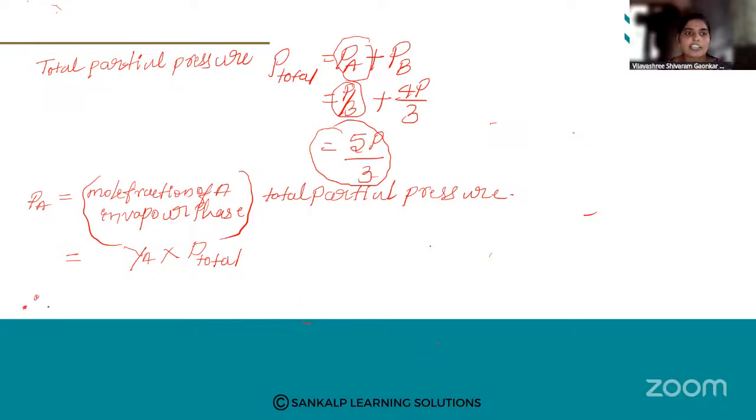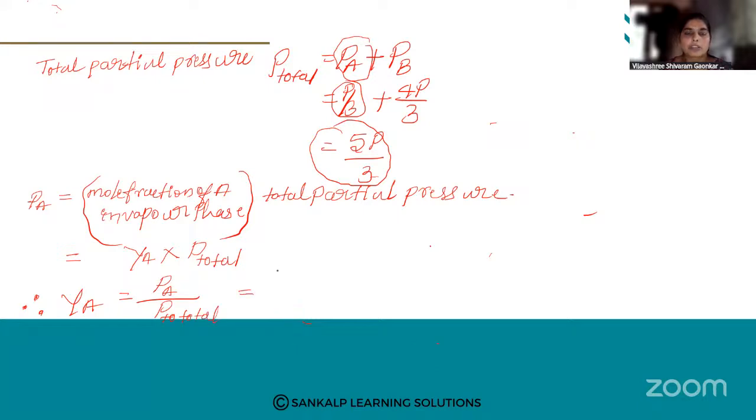Therefore, just rearrange the equation. Ya can be written as Pa divided by P total, right?